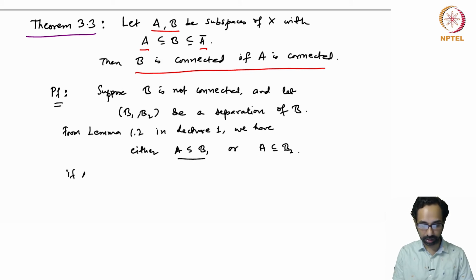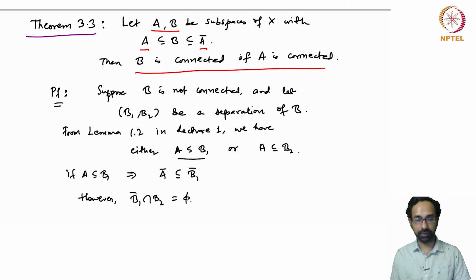If A is a subset of B1, this implies that A closure is a subset of B1 closure. However, B1 closure intersection B2 is empty, as we have seen before for the connectedness of subspaces: the closure of one does not intersect the other set from the sets which form the separation.